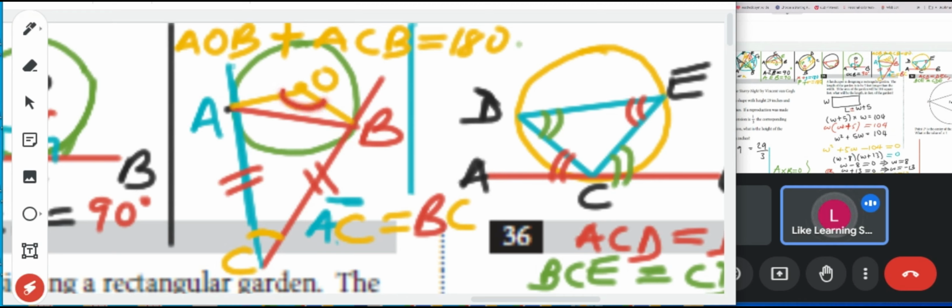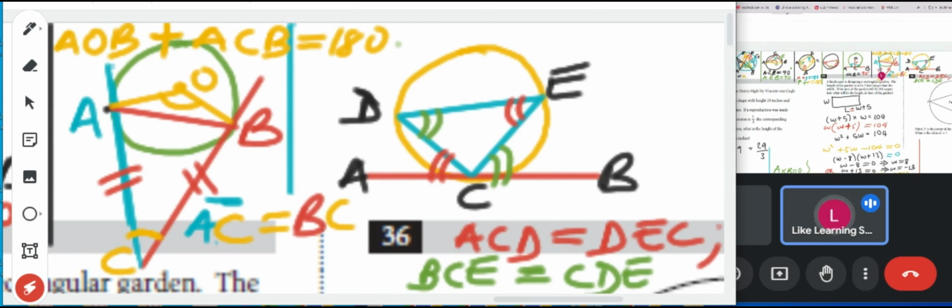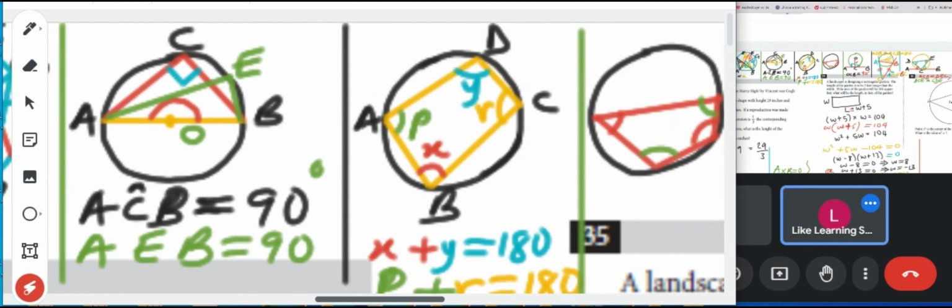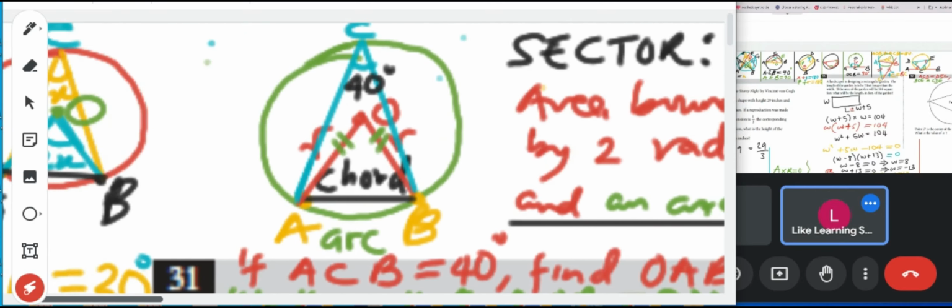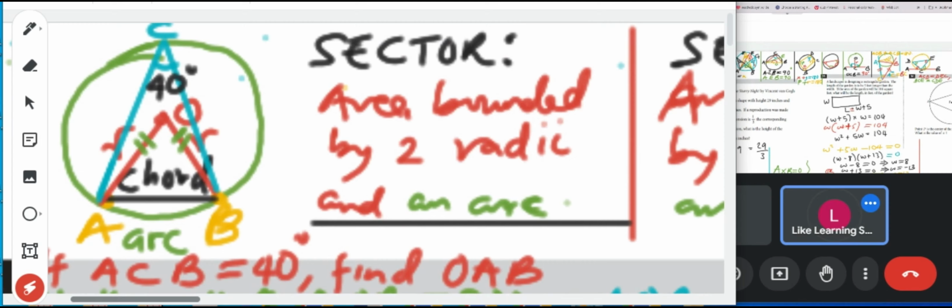The angle at the center here and the one where the two tangents meet must sum up to 180. All right, so I think that's basically what it is.